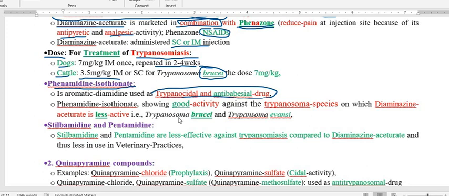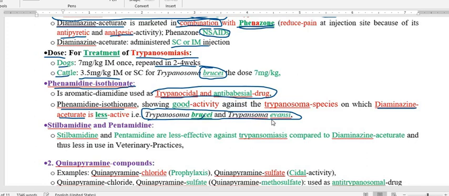So phenamidine also acts against both Trypanosoma as well as Babesia species. And one important point is that the drug phenamidine isethionate shows good efficacy even against Trypanosoma brucei and Trypanosoma evensi. Why? What is the goodness in this phenamidine isethionate?